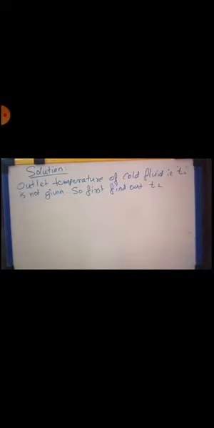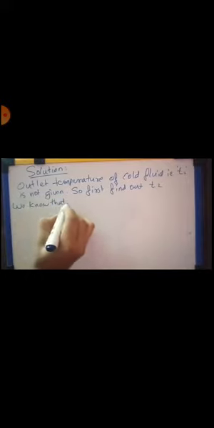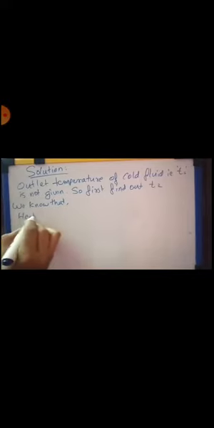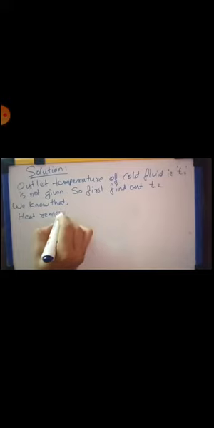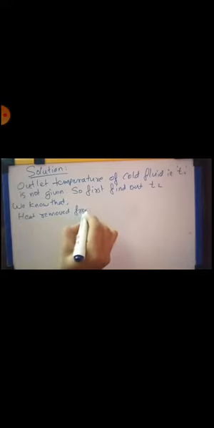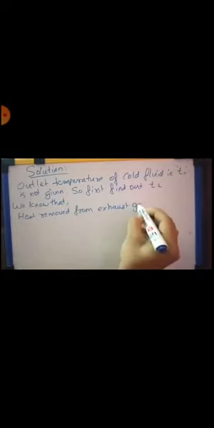We know that the heat removed from the exhaust gas is equal to the heat absorbed by water. That is the concept: the heat given out by the hot fluid is equal to the heat absorbed by the cold fluid.